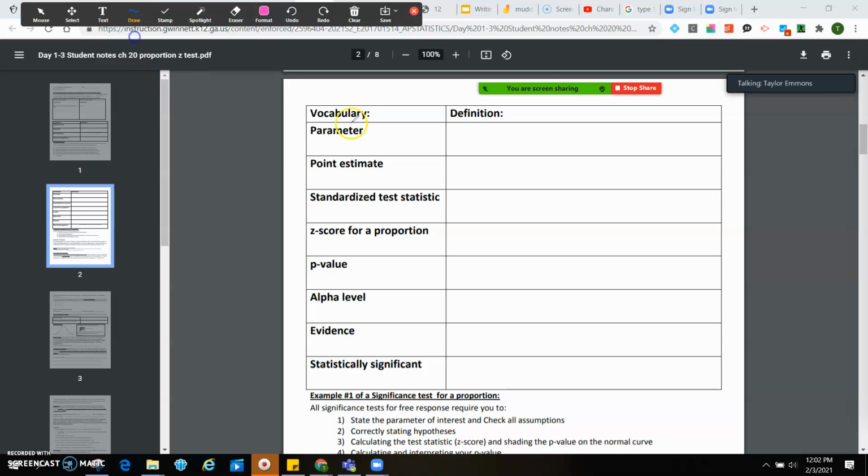Right, so the definition of parameter, that is p, and it is the true proportion in the population. Your point estimate is the sample statistic.